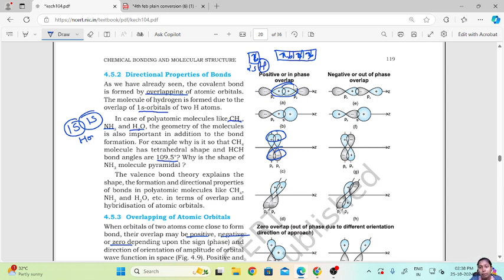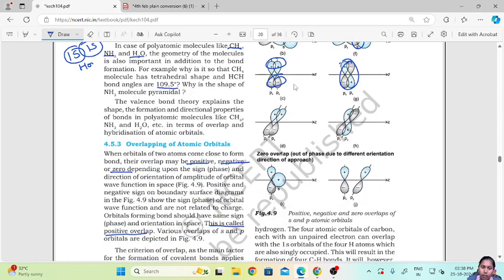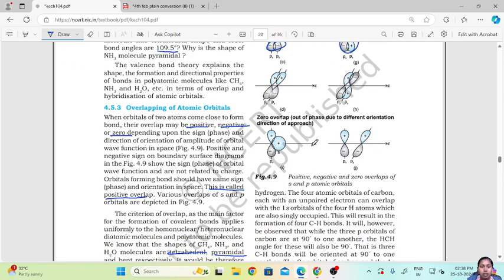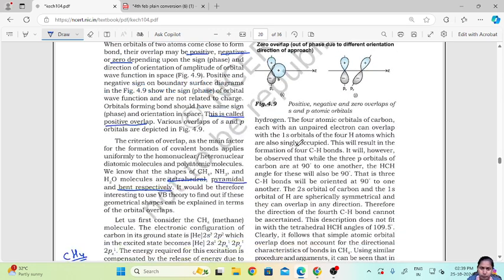And when the overlapping is between two differently signed lobes, positive and negative, it is called negative overlap. Zero overlap means they will overlap with both, or they won't overlap at all. So these are zero overlap.